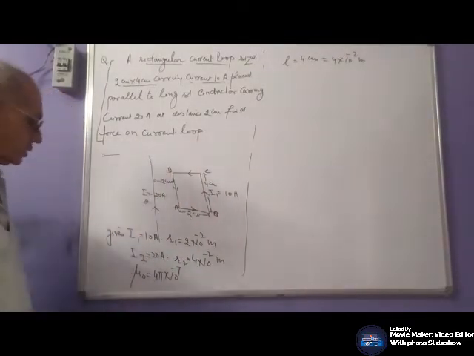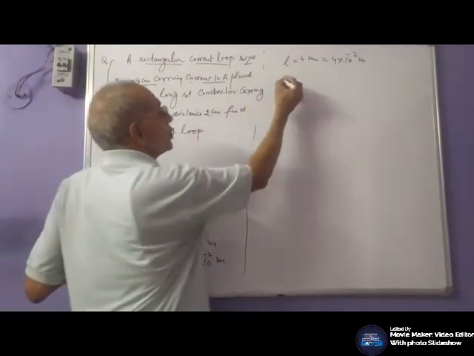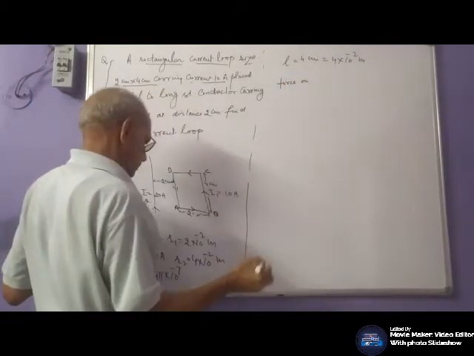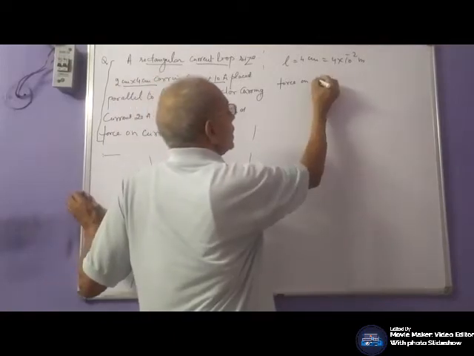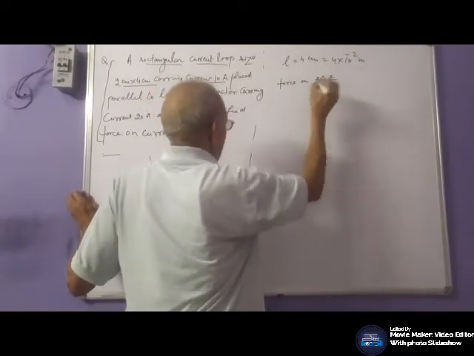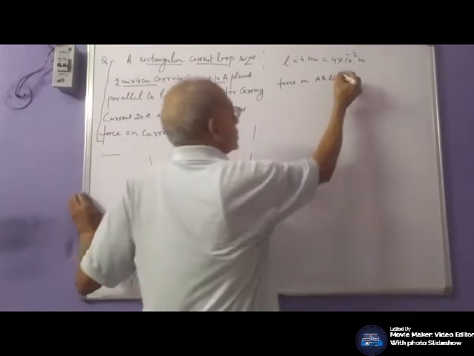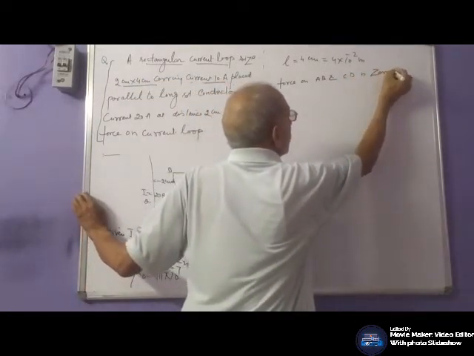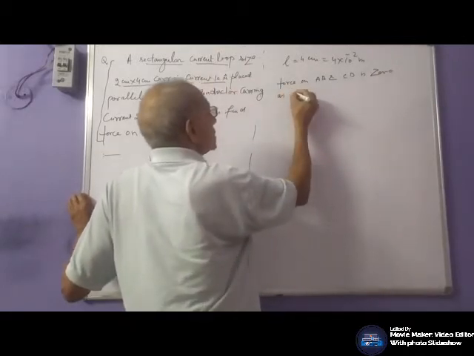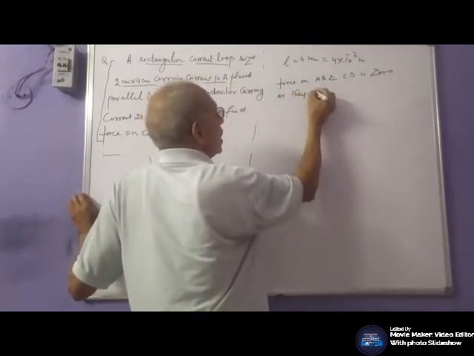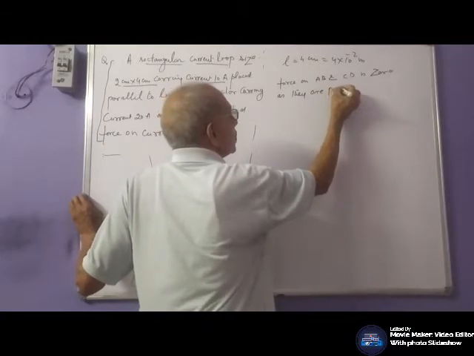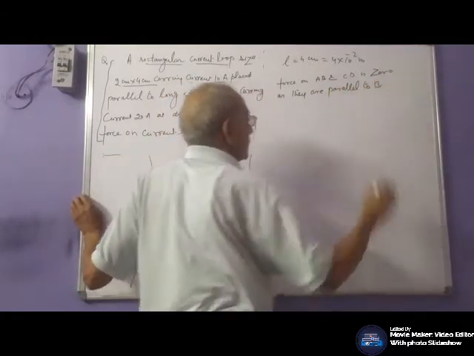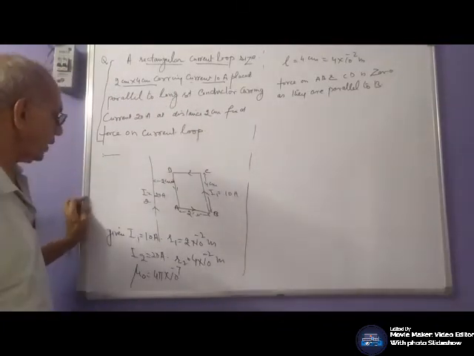Why? Just see. Force on AB and CD is 0, as they are parallel to B. Where is B?